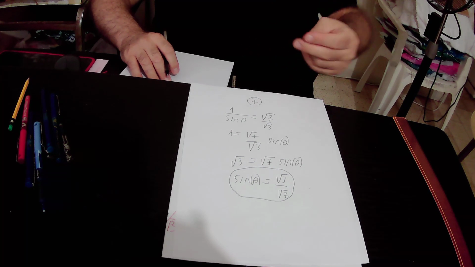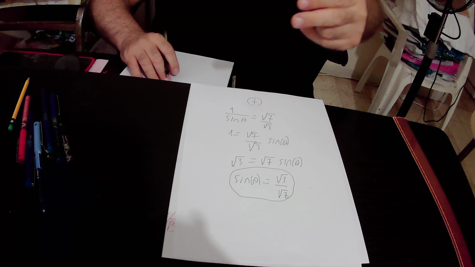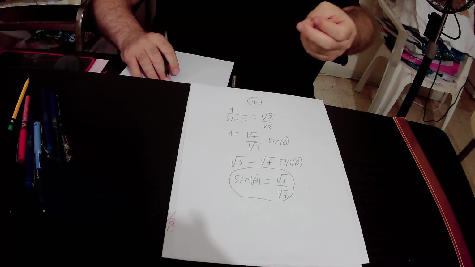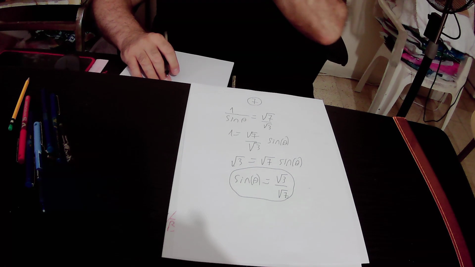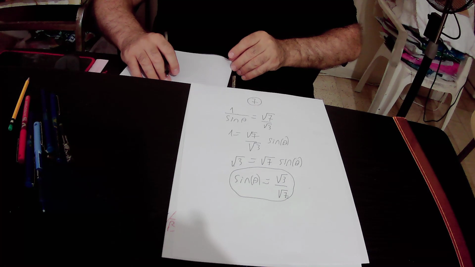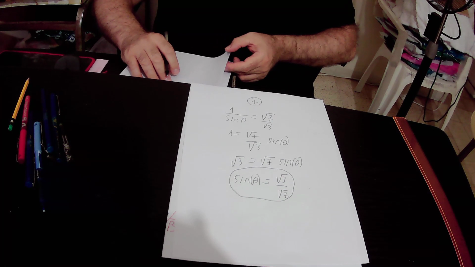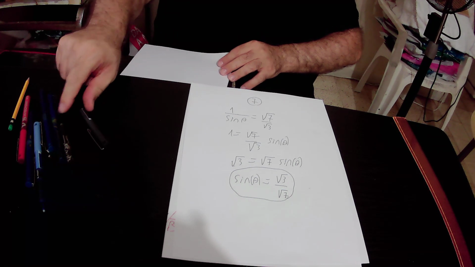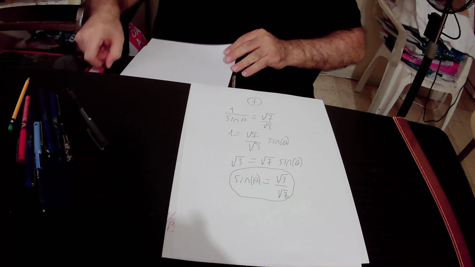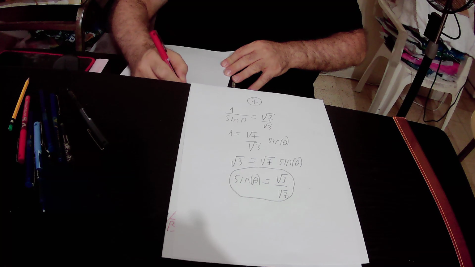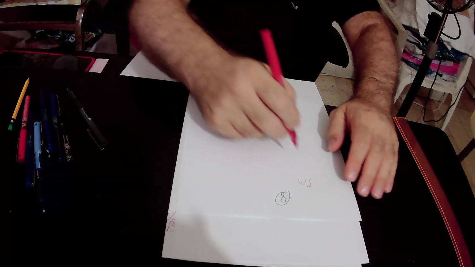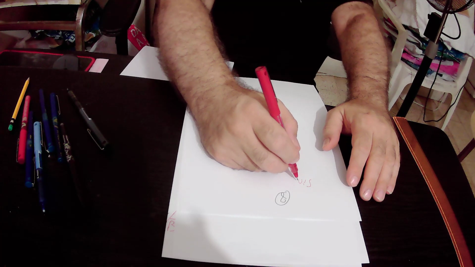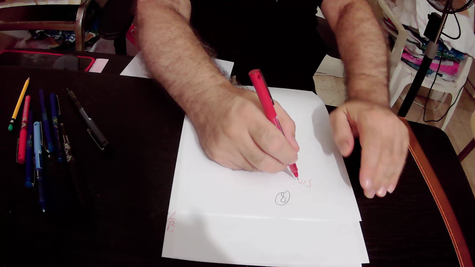In the next step, we will find out the value of cosinus theta according to the first trigonometric identity. We will use the following trigonometric identity in order to find out the value of cosinus theta.